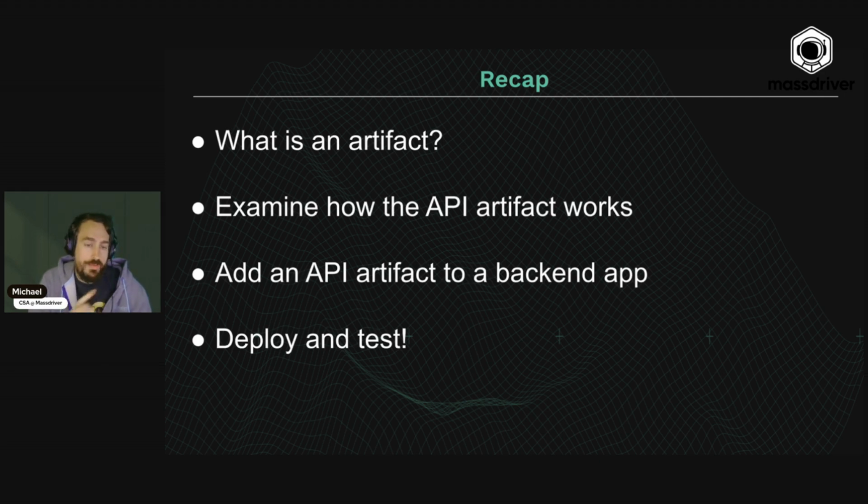We figured out what value we needed and how to fetch that value using a JQ expression. Then we added the API endpoint artifact to my backend, and it added the new API dependency to my front end. And then lastly, we republished and we redeployed our applications and then tested to ensure that we got the results that we wanted.